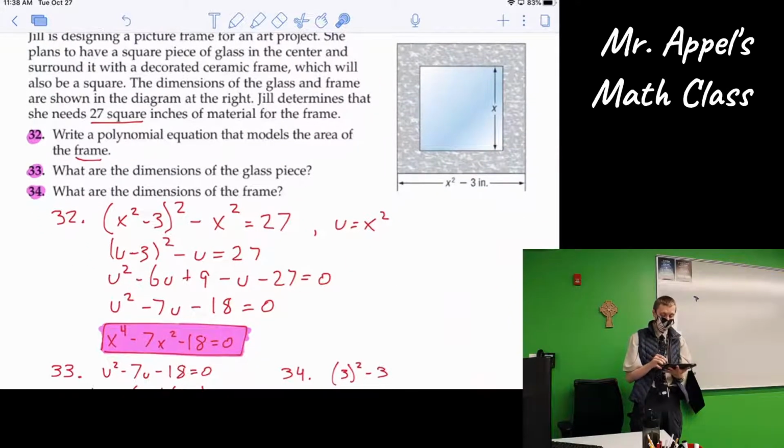So what we need to work out is, first, how would you model the area of the frame? Well, it's this times this minus the glass in the middle. Okay? So x squared minus 3 is what they give us. Square that minus, like this is just x squared.